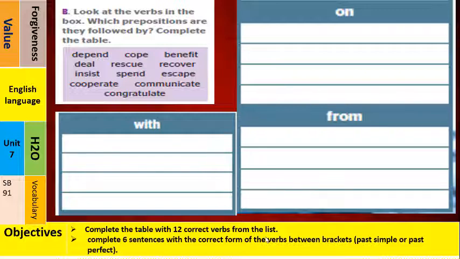The verbs are depend, cope, benefit, deal, rescue, recover, insist, spend, escape, cooperate, communicate, congratulate. Let's do it. Pause the video and try to put each verb in the appropriate box.